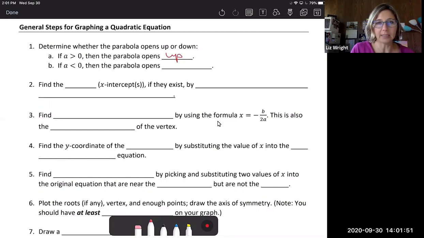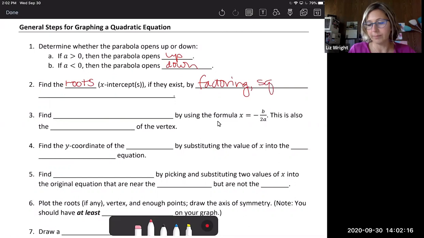If A is less than 0 or A is negative, the parabola is going to open down. Then we are going to find the roots, or the x-intercepts, if they exist, by factoring, which we really didn't work on at all. So we're probably not going to use factoring too much here.